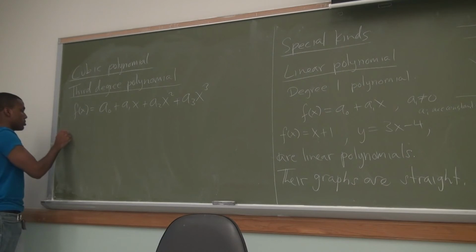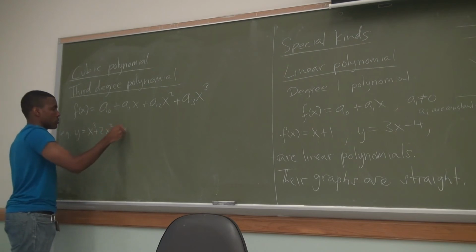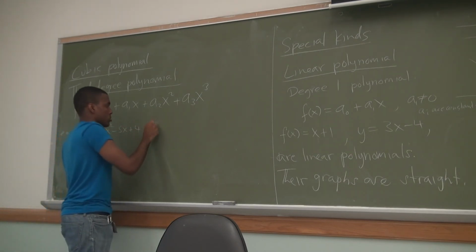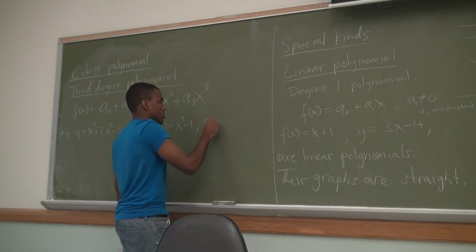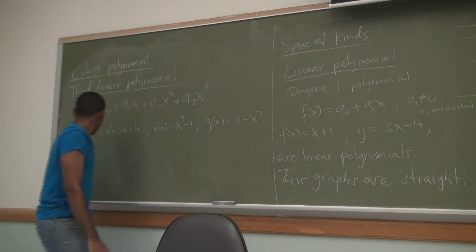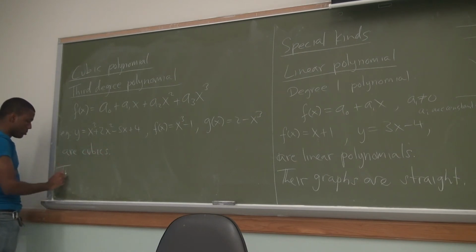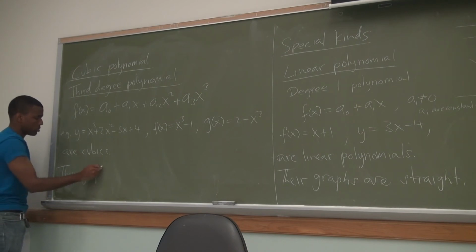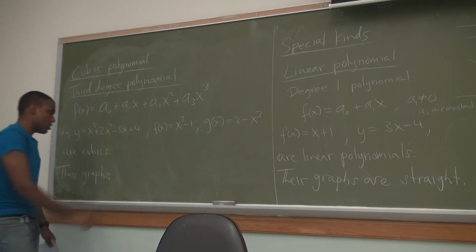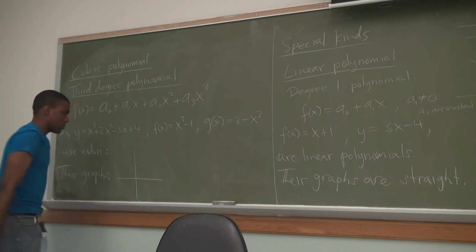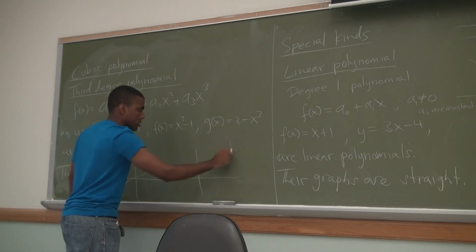So the graphs sort of look like either a badly written S or they could also look like N's, something like that.